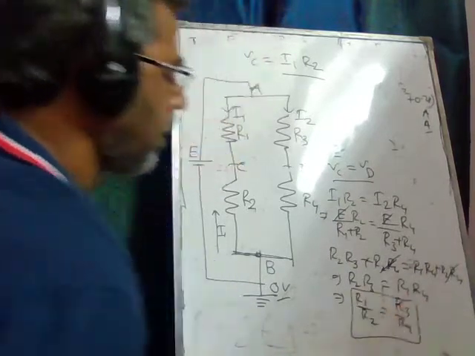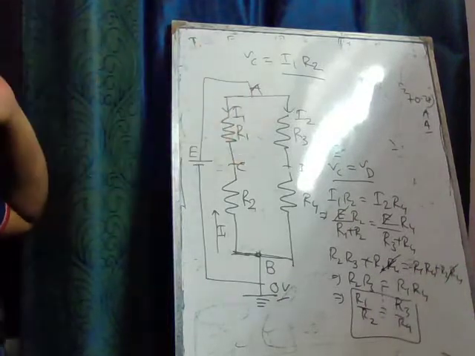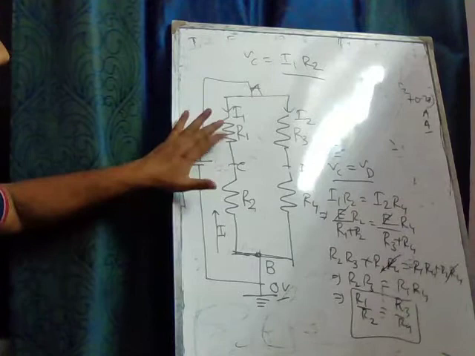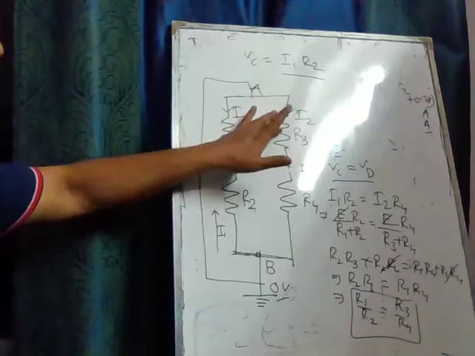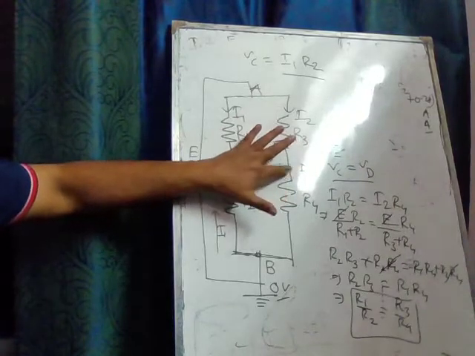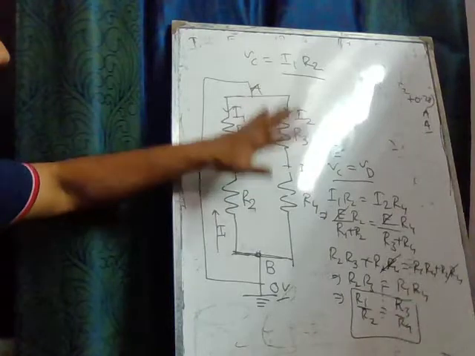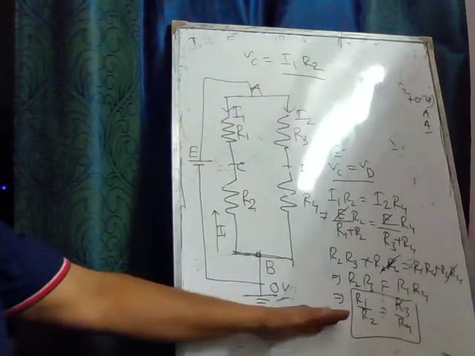This is the well-known condition for a balanced Wheatstone bridge. Clear? If the arm resistances are in the same ratio, that is R1 over R2 equals R3 over R4, then there will be no flow of current between the points C and D and the bridge is said to be the balanced bridge, right? So this is the condition for this.